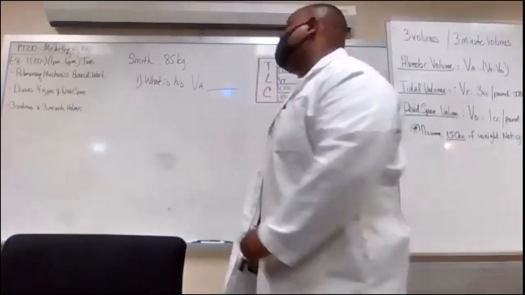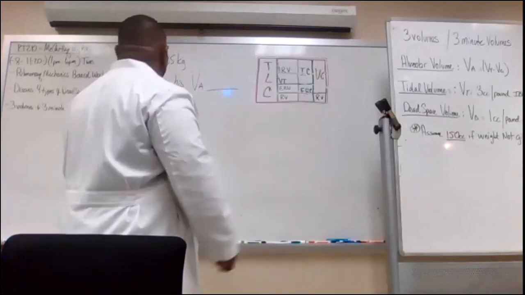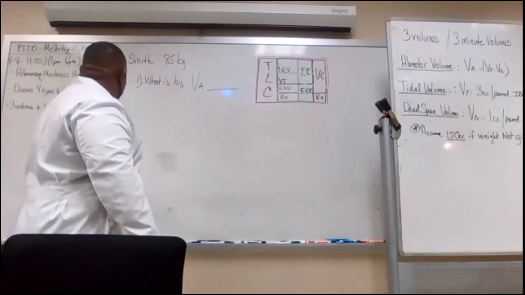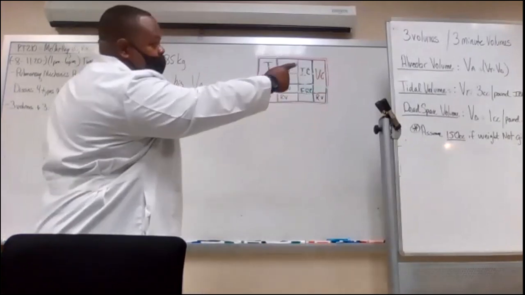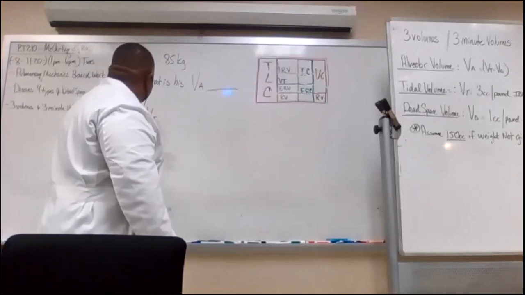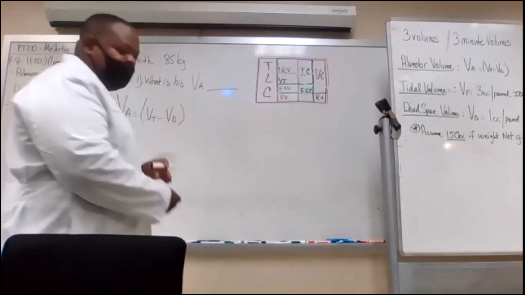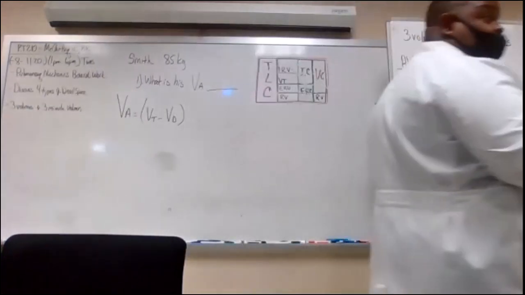All right, the answer is 374 milliliters. This is how you did it. Mr. Smith weighs 85 kilograms. Alveolar volume is tidal volume, VT, minus VD. So I just plug in. I know that tidal volume is 3 cc's per pound, right?